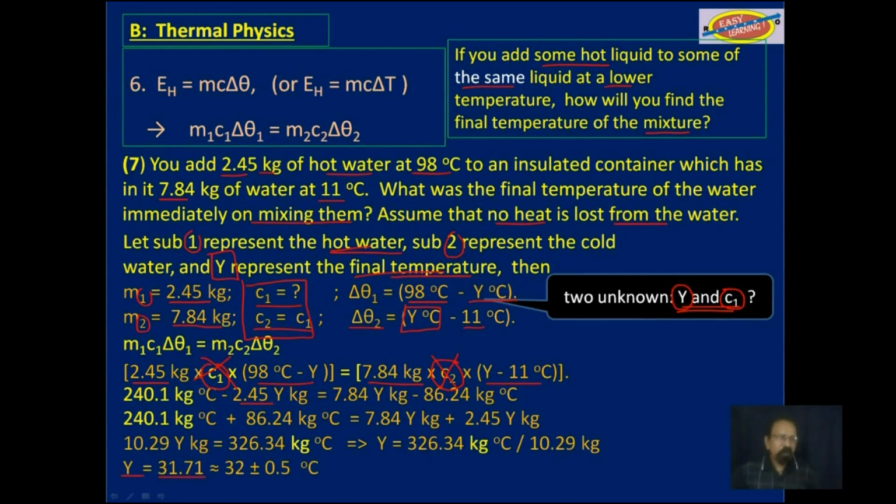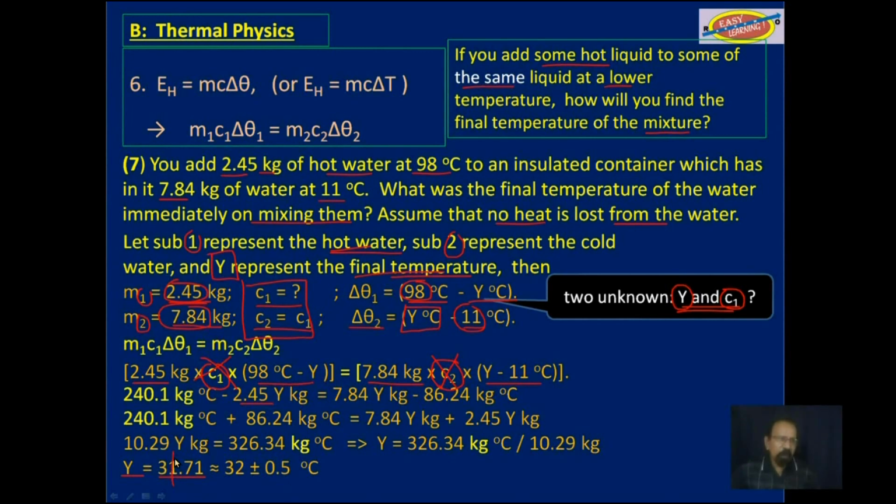Again, let's look at the significant figures that we are working with: 3 significant figures, 3 significant figures, 2 significant figures, and 2 significant figures. So our answer can only have 2 significant figures.